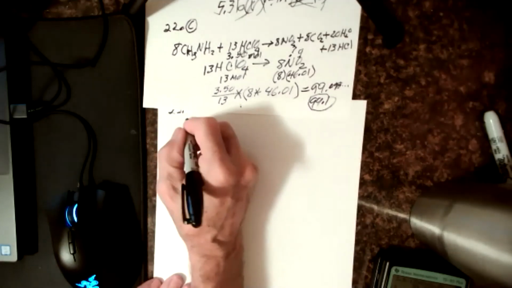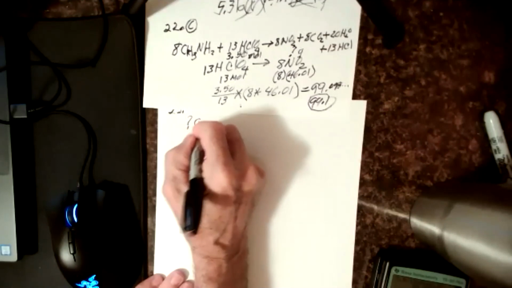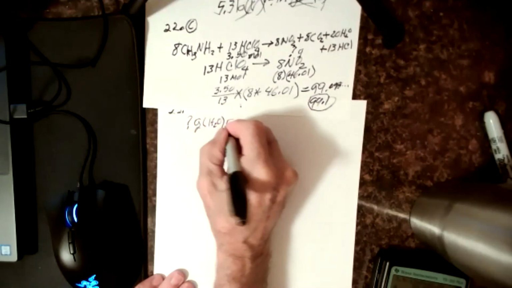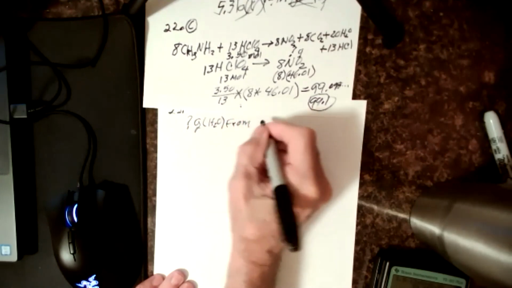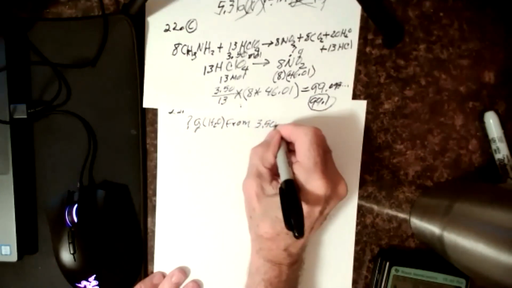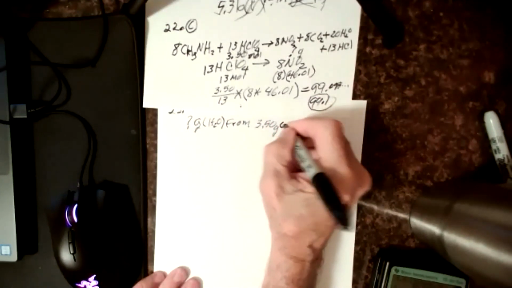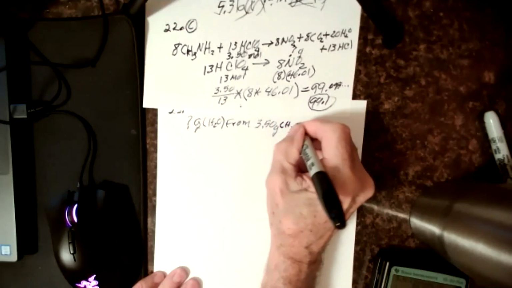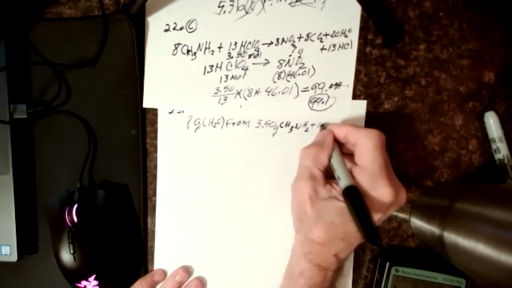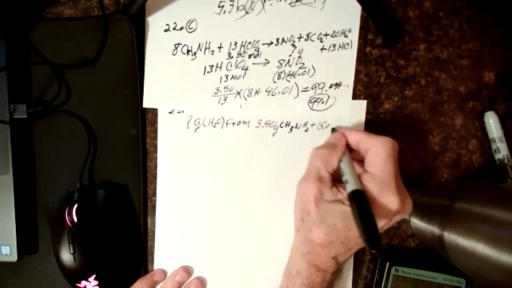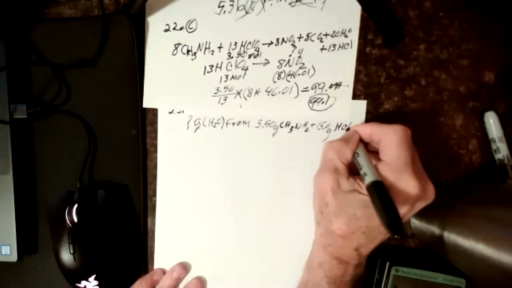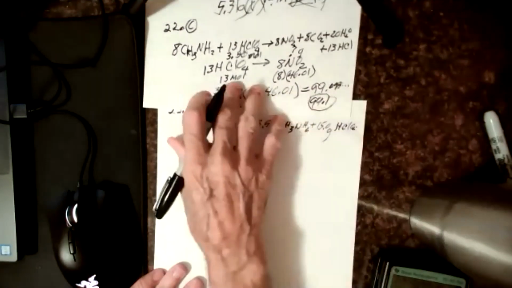So I want to know how many grams of water from 3.5 grams of the methylamine, CH3NH2, and 15 grams of perchloric acid, HClO4.